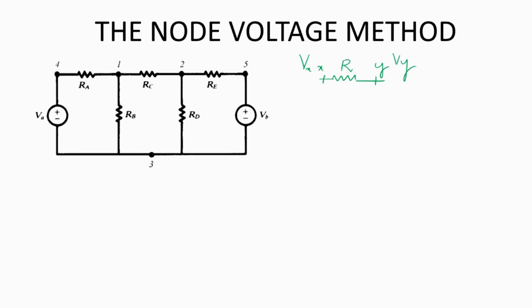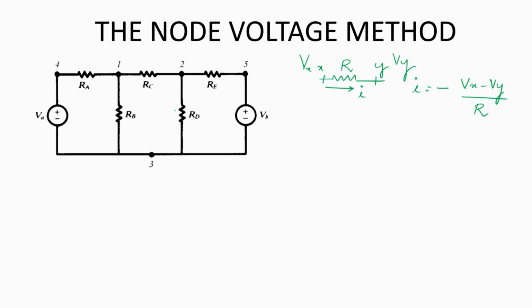The resistance of this branch is R and the current coming out of node X is I. So we can write I equal to minus (Vx minus Vy) divided by R, that is, the voltage drop across the two terminals divided by R. And why the minus sign? That's because the current is coming out of this node. Using this concept, we can incorporate the different values of the node voltages in this method.